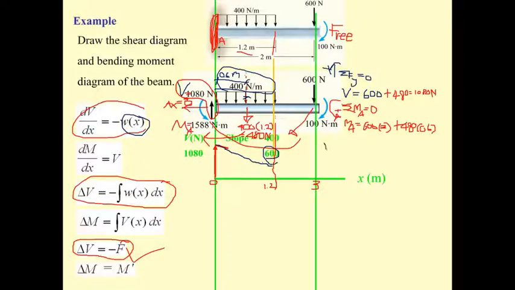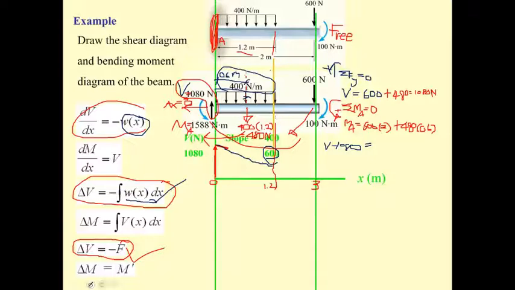We'll compute by using this relationship. The V here minus 1080 at the A is going to be equal to the area of the load, and negative.